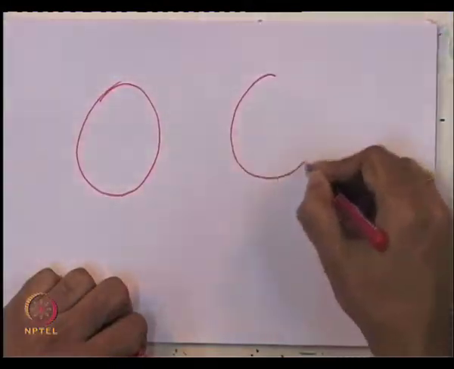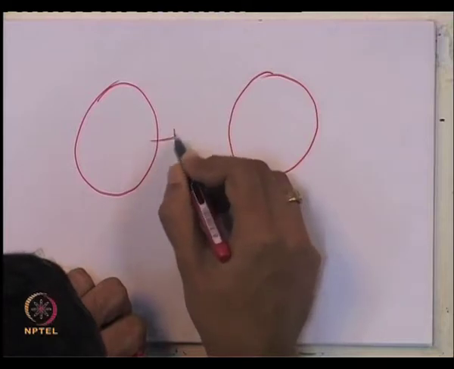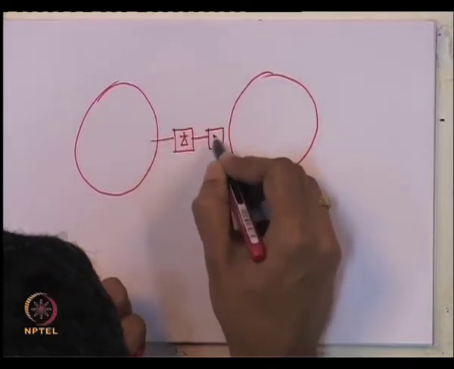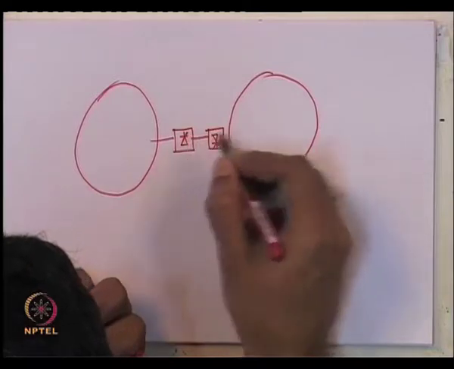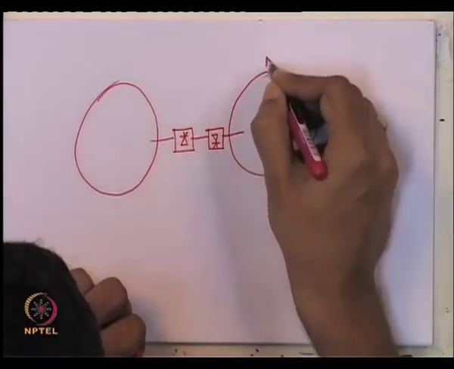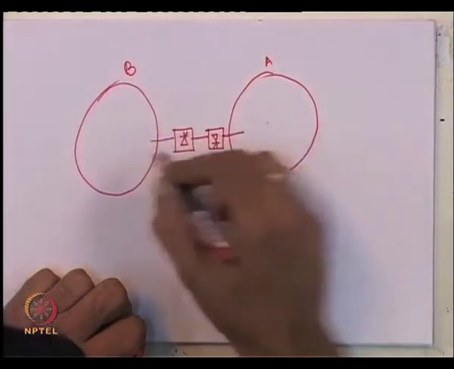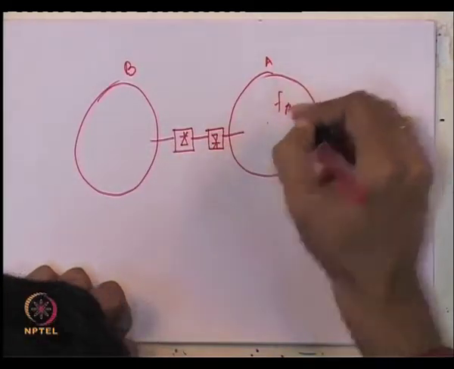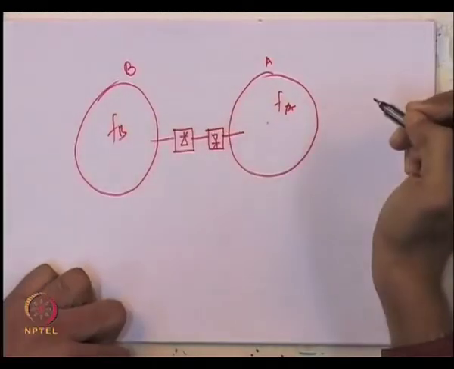Now, if you have two systems which are not connected synchronously with each other, that is, they are connected via HVDC links, the frequency and phase angles of systems A and B need not be the same. The frequency F A and F B need not be the same.